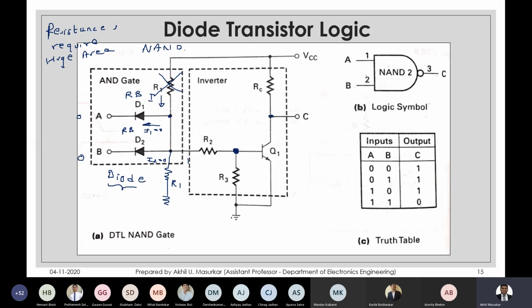So Tanishq, are you getting that? Yes, sir. So if you want to just convert this NAND to NOR, all you need to do is remove this R1 and connect it here. That's it.